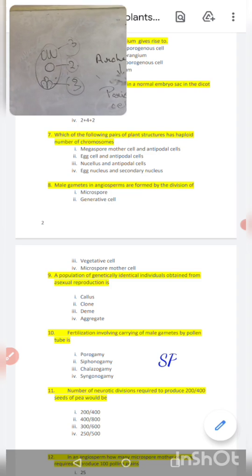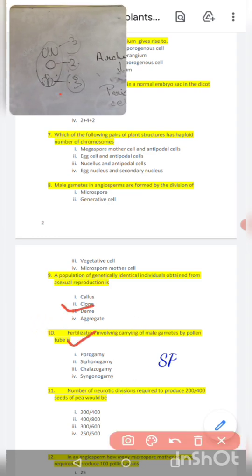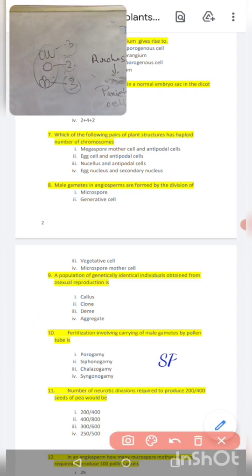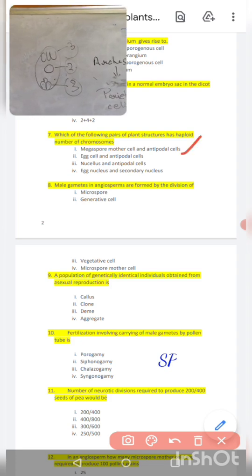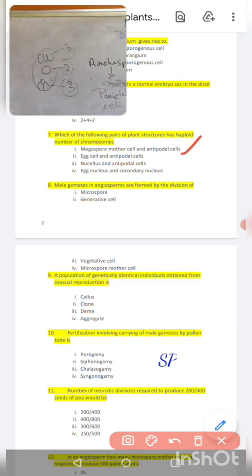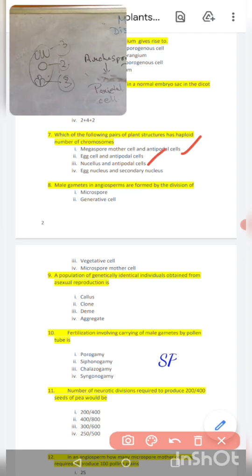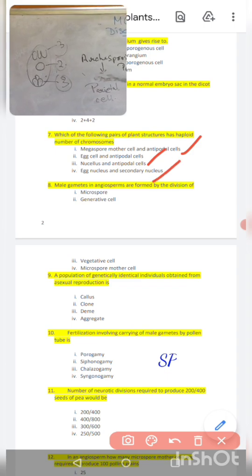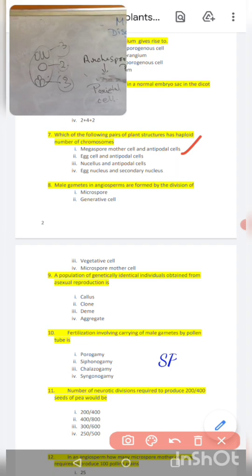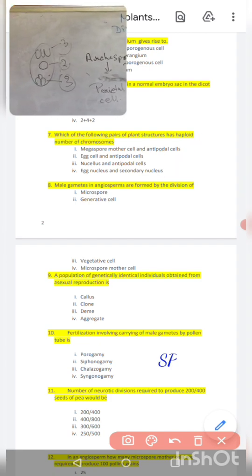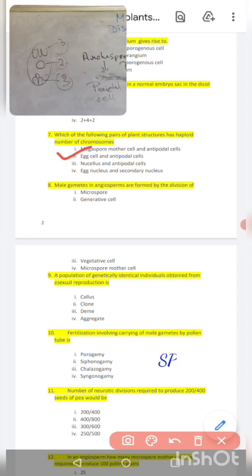The first option is megaspore mother cell and antipodal cell, then egg cell and antipodal cell. The third option is nucellus and antipodal cells. The fourth option is egg nucleus and secondary nucleus. The correct answer will be number 2, egg cell and antipodal cell.